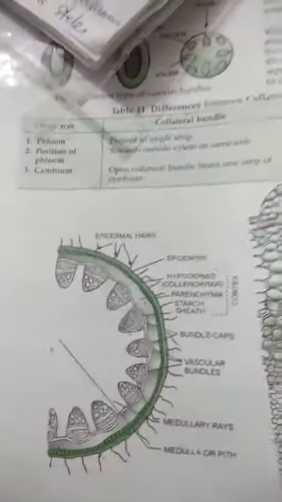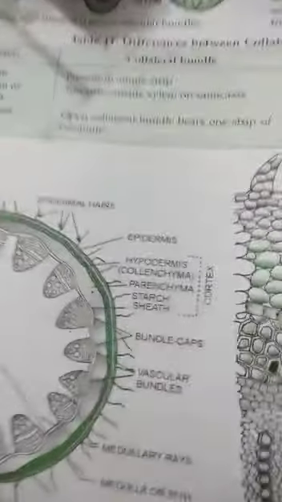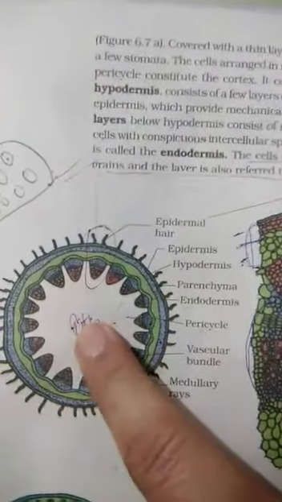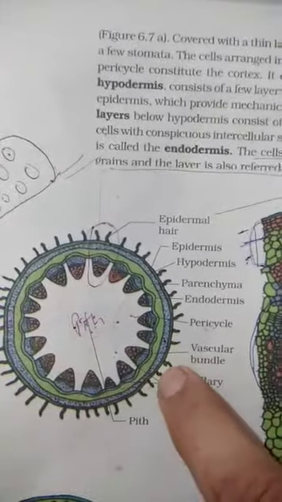Again I am showing you the same in your book. In your book the diagram is a little bit congested, but here you can see the pith. This is the diagrammatic sketch of the dicot stem. Large pith is present in the center, and these are trichomes.